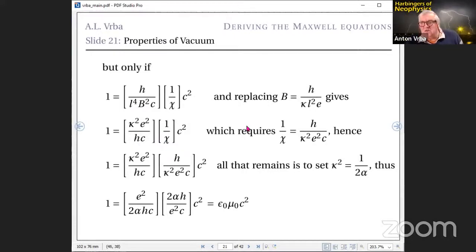That requires 1 over chi to be the inverse of this, with the factor with the c here to cancel out the c squared, and all that remains now is to say, well, kappa squared is 1 over 2 times the fine structure constant, and I now have epsilon 0, mu 0 defined completely out of mathematics without a single measurement.